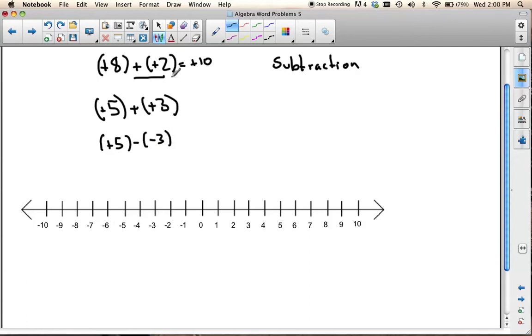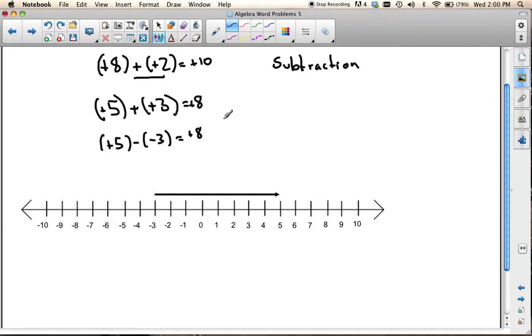We start at the second term on our number line, which is negative 3, and we draw a line all the way to the 5. And that gives us 1, 2, 3, 4, 5, 6, 7, 8. So both of these, whether we have positive 5 minus negative 3 and the two negatives make a positive, give us an 8, or if we just use the number line method, we still end up with positive 8. Both of these are positive 8.